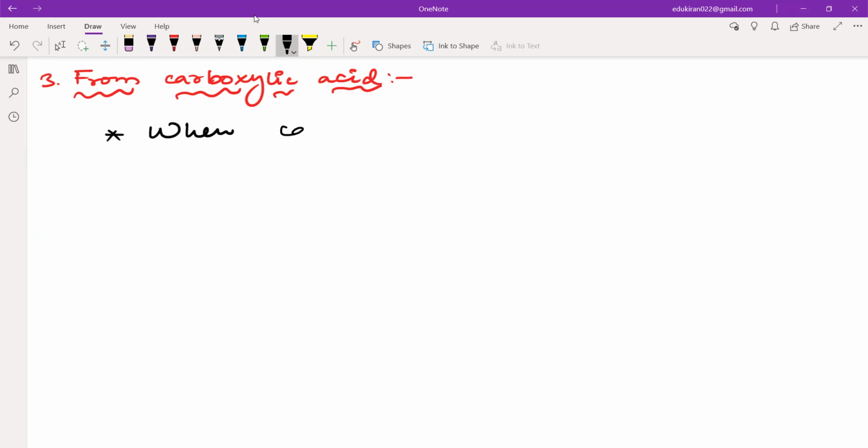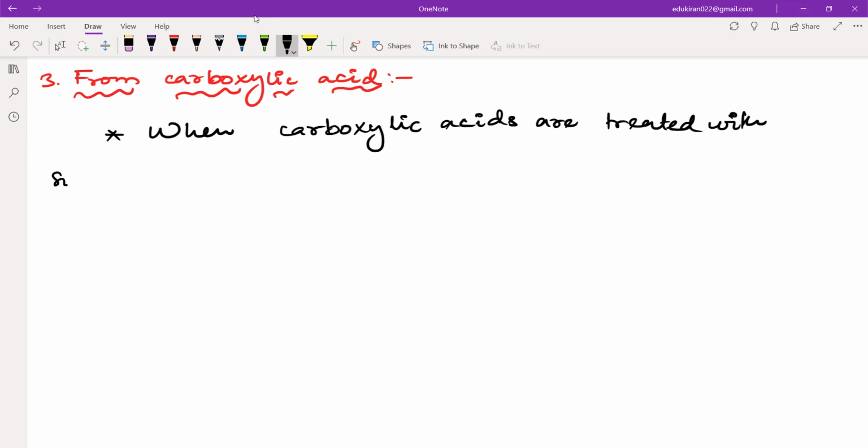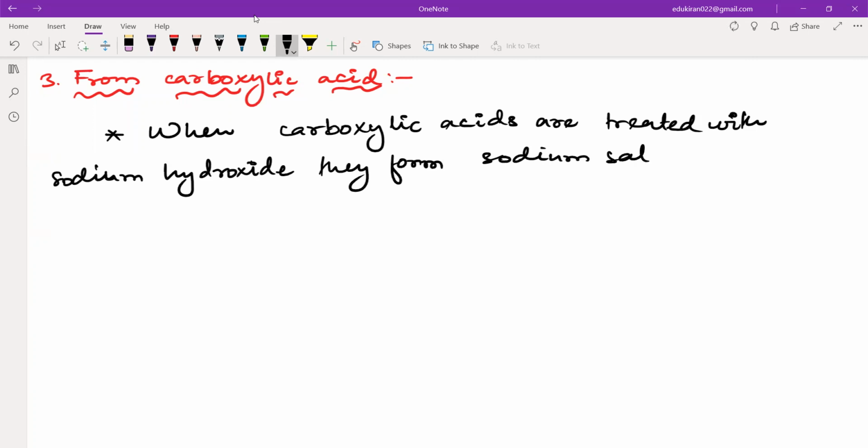So let's write this. When carboxylic acids are treated with sodium hydroxide, they form sodium salt of carboxylic acid.